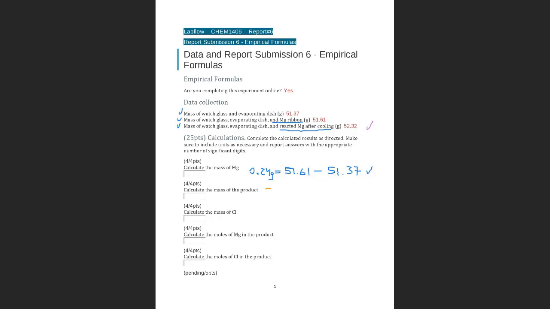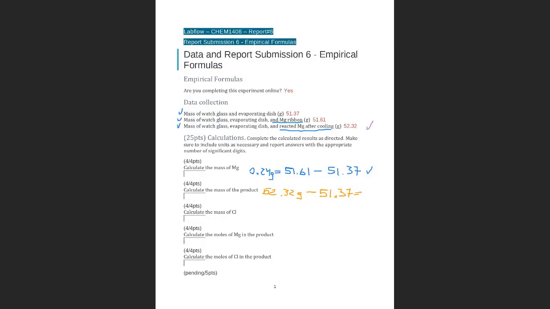We are going to do 52.32 grams, which is the mass of the product plus the mass of the evaporating dish plus the mass of the watch glass, minus the mass of the watch glass and evaporating dish, which is 51.37.